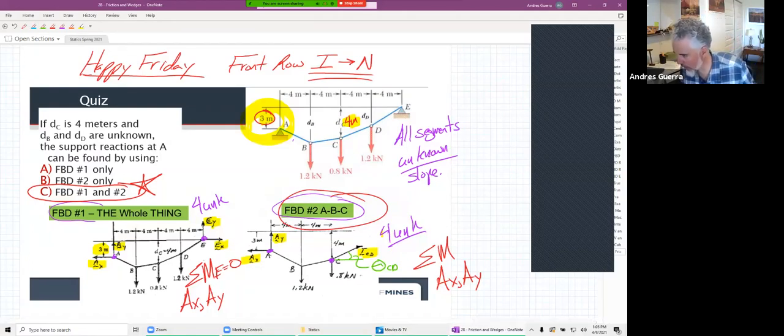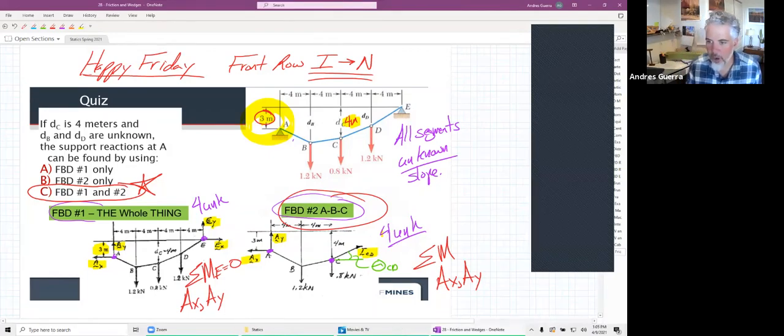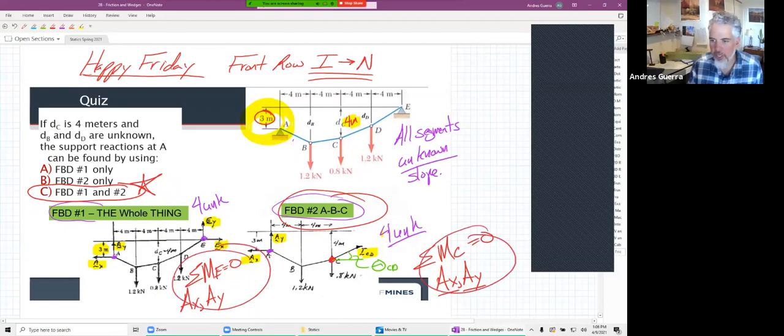Point C. Yes, absolutely right. Moment about point C is equal to 0, and so when we take the moment about C, the only unknowns we'll have are AX and AY. Now, from these two FBDs, we will have two equations with two unknowns. We do have to do some substitution, but we can solve for AX and AY.